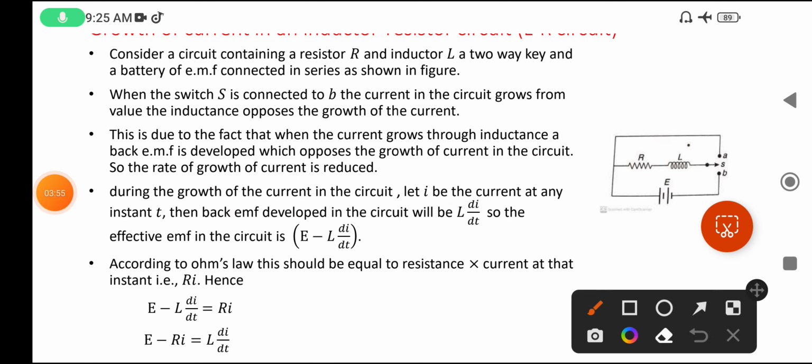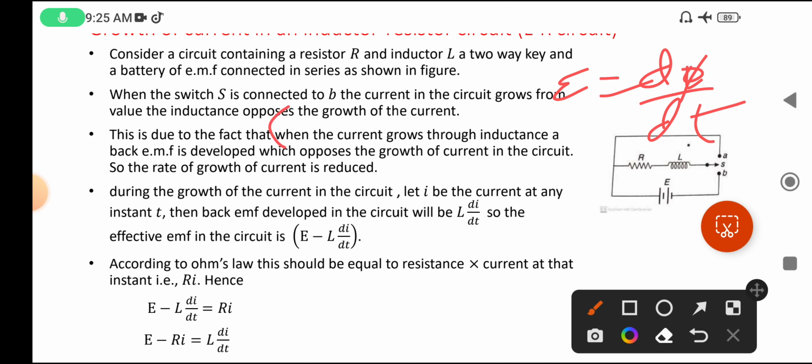And how do we get this di by dt? That is according to Faraday's second law. Faraday's second law is epsilon equals d phi by dt. But when a coil is there, magnetic flux will be formed.